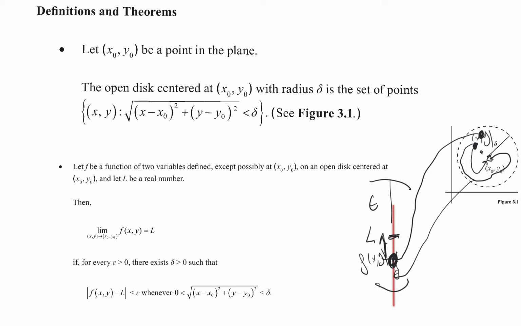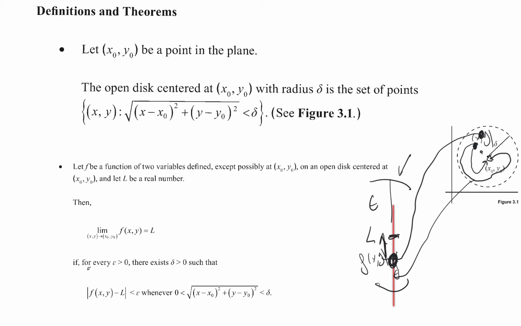So for every epsilon that you choose, it's always possible to choose a disk of radius delta such that all the points are inside. And the formal definition is exactly like this.